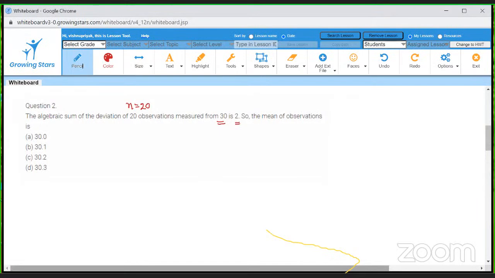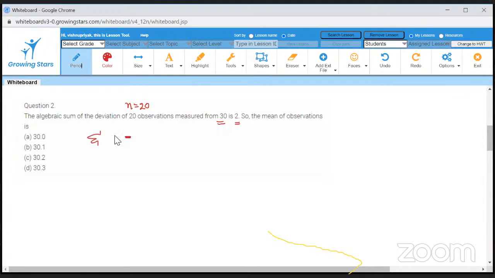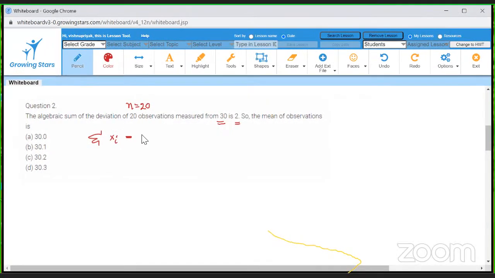So what is given? If you take sigma of the difference between each observation and 30, it is 2. That is what is said. And i is from 1 to 20 because total 20 observations.